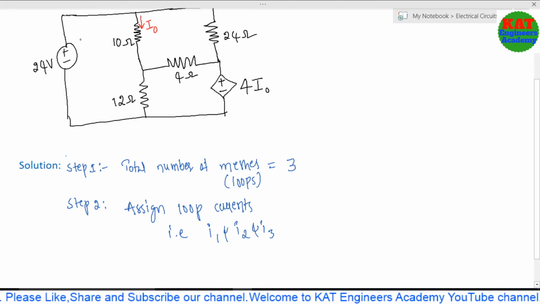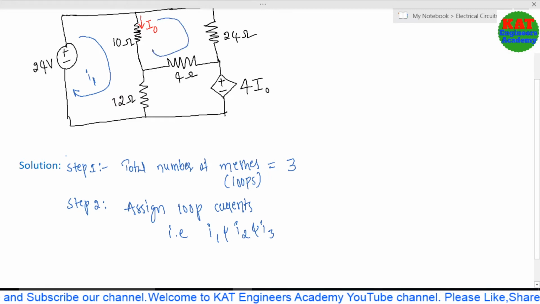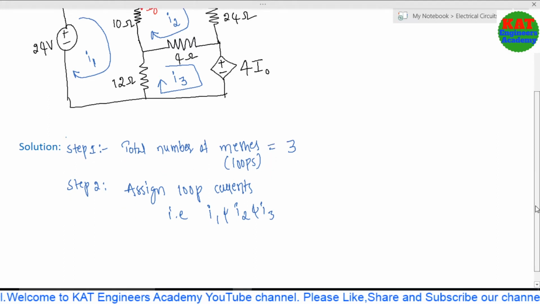Here I consider the clockwise direction. In the first loop this is I1, in the second loop this is I2, and in the third loop this is I3. This is step 2.